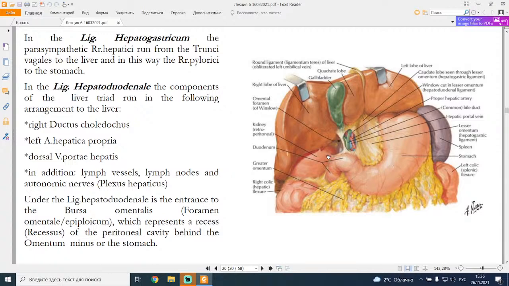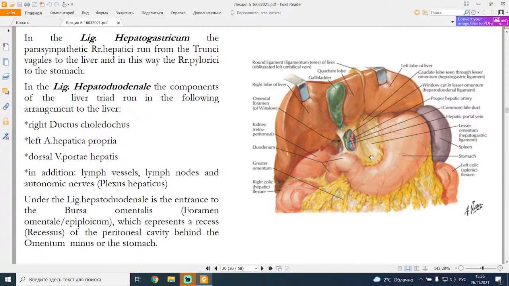In the ligamentum hepatoduodenale, the components of the liver pedicle run in the following arrangement to the liver: right, ductus choledochus, and left, arteria hepatica propria, and dorsal, vena porta hepatis. In addition, lymph vessels, lymph nodes, and autonomic nerves, the plexus hepaticus.